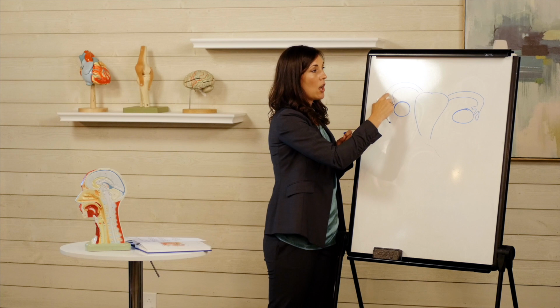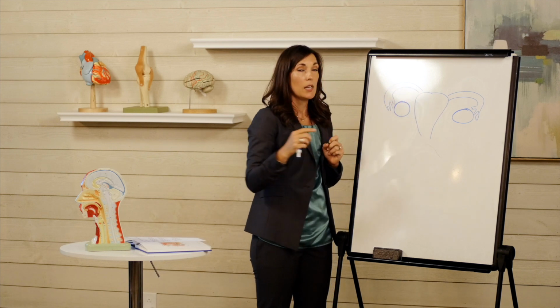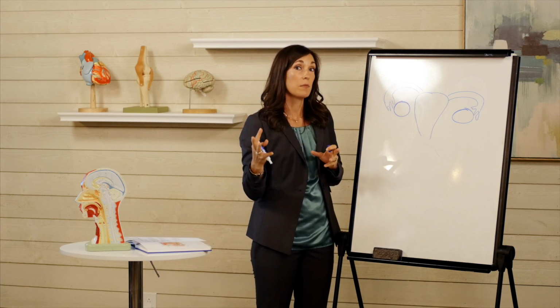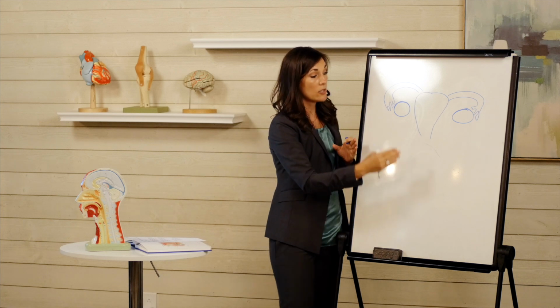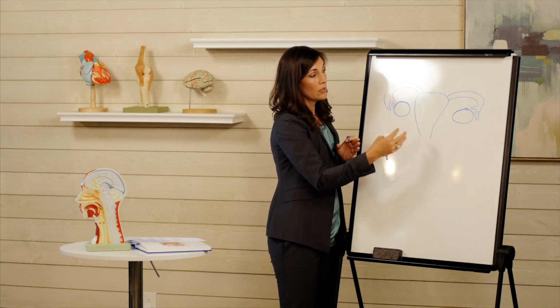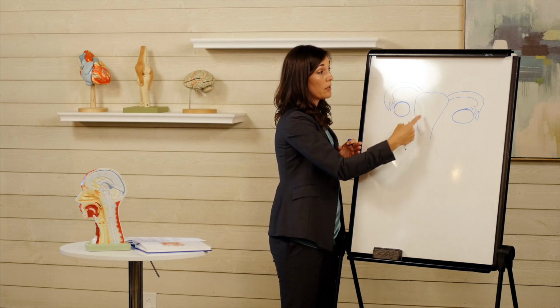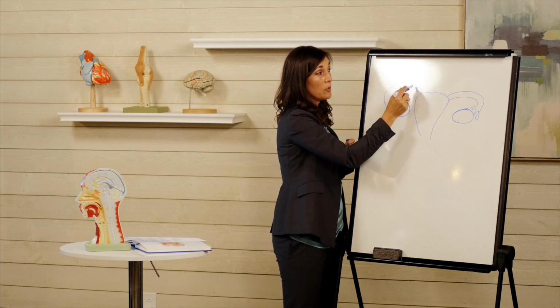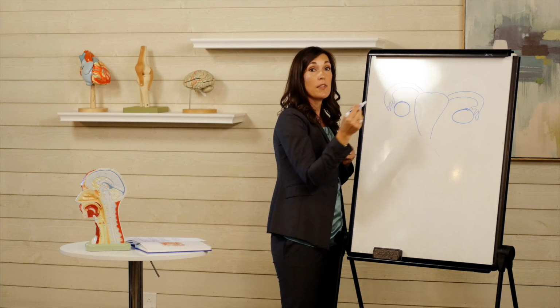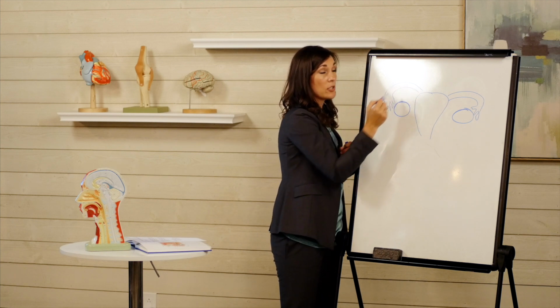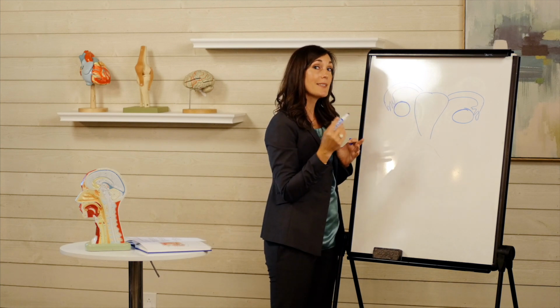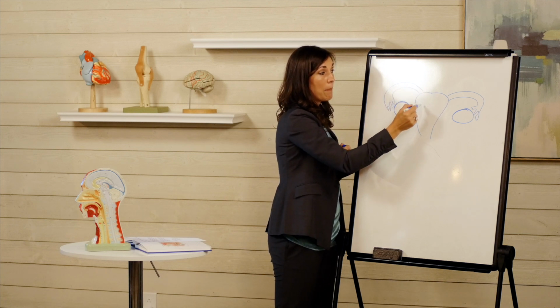They bring the egg along the fallopian tube. Now, during intercourse, when the penis enters the vaginal canal, ejaculation occurs, sperm comes in. Sperm swims up into the fallopian tube, and we actually see that the egg is fertilized in the fallopian tube. So that's significant there. But it doesn't stay there. It continues to migrate back to the uterus.